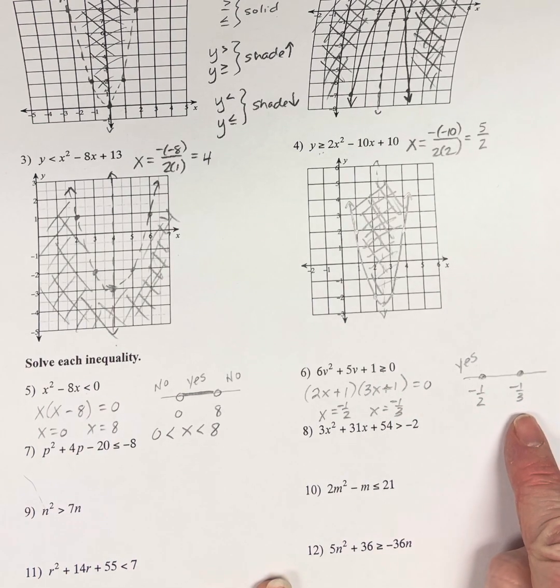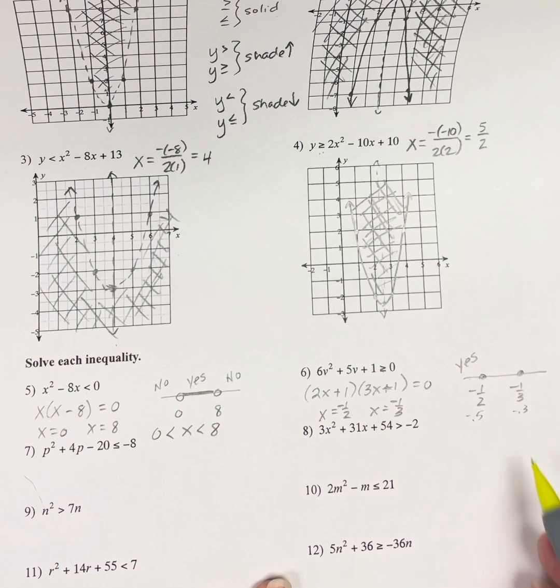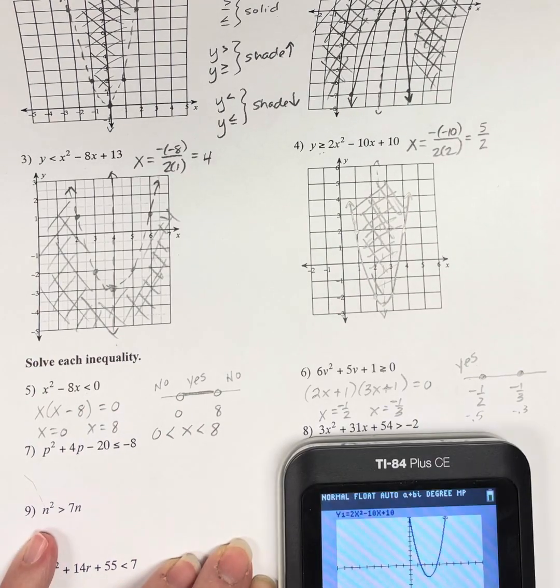Between negative 1/2 and negative 1/3, gross. This is about negative 0.5, and this is about negative 0.3. So if I did negative 0.4, that would work. And I'm definitely going to use a calculator for this one.